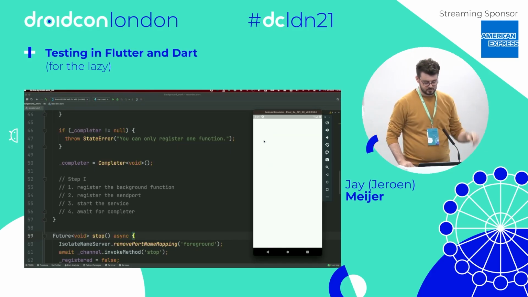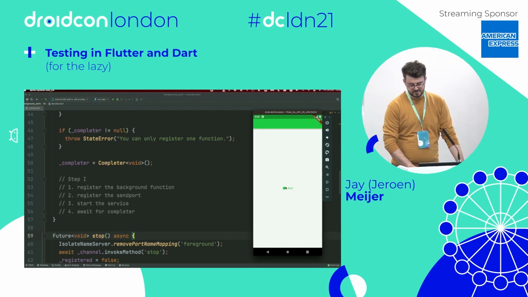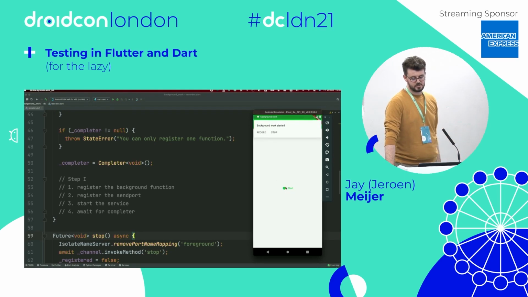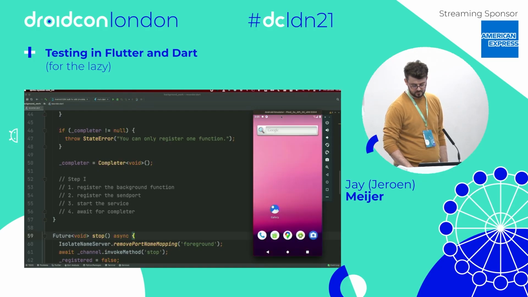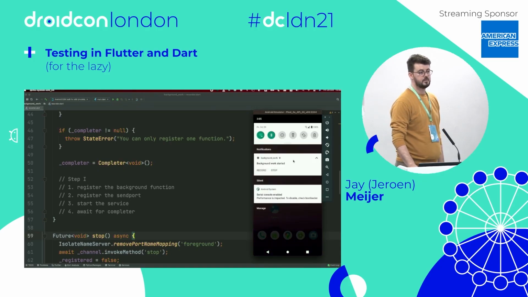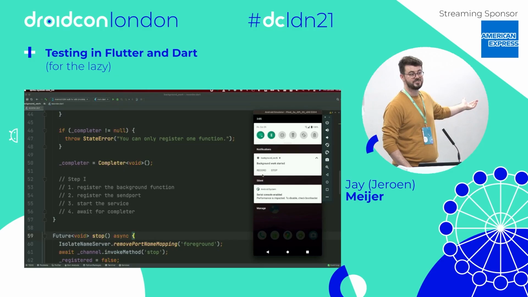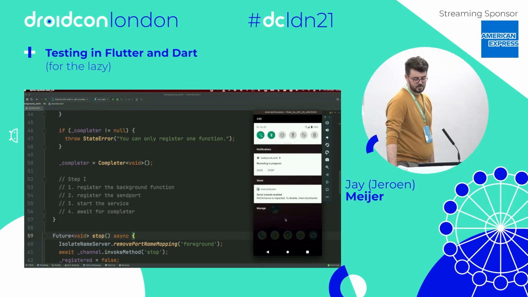This is a very simple application. The first thing we do, we start the service, the foreground service. So now the service is started up. And I can do whatever. So what I can do here is close the app. The app is still here. The service is still here, actually. Then I can start recording myself.